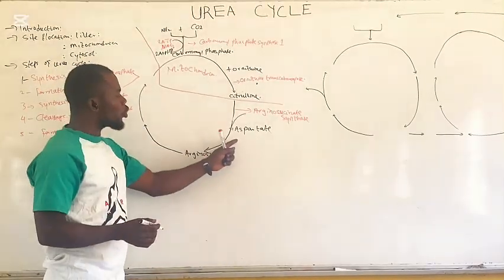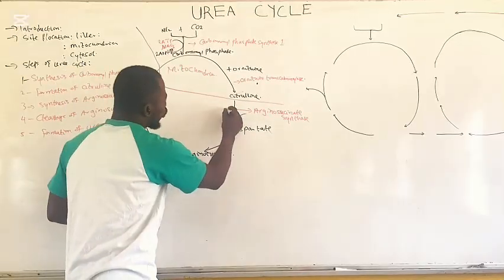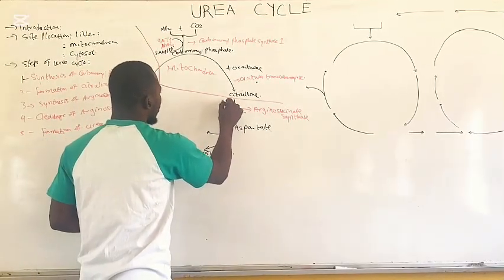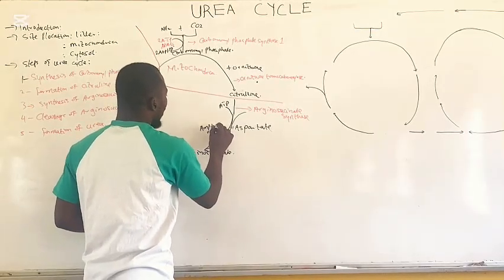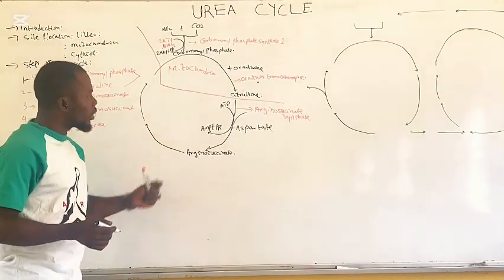Now this step also utilizes ATP. In this step, ATP is converted to AMP plus pyrophosphate, which later becomes inorganic phosphate.